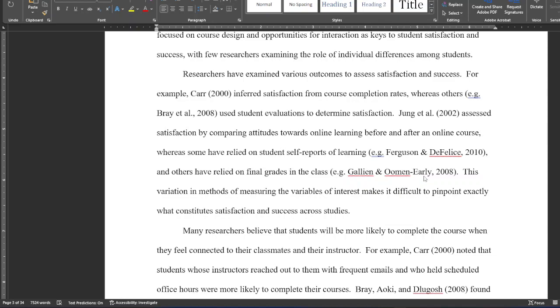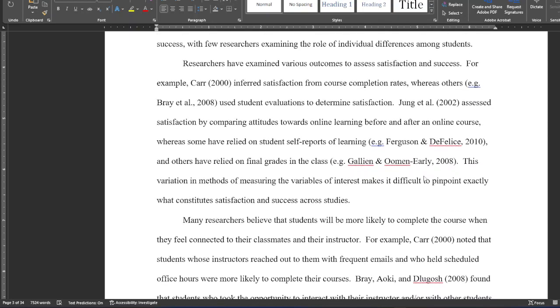So in one sentence, I've got 3 different ways that satisfaction was measured, and I cited each of them. And the Ferguson and the Gallian citations have the for example in front of it because they are not the only ones who use that strategy, but they're just examples.